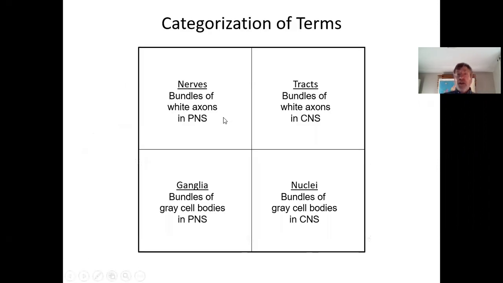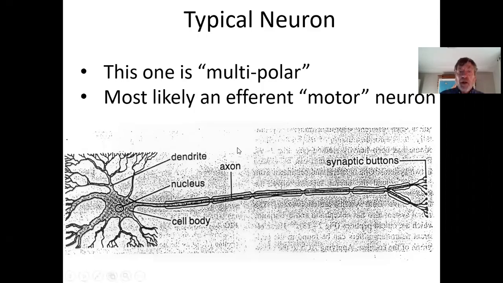So categorization, oh yeah, back to this picture here. Look at these hot dog buns. See the hot dog buns along the axon? Those are white matter. They're fatty layers of lipid, L-I-P-I-D. In a way, they kind of act like the rubber around an electrical wire. They insulate the wire.